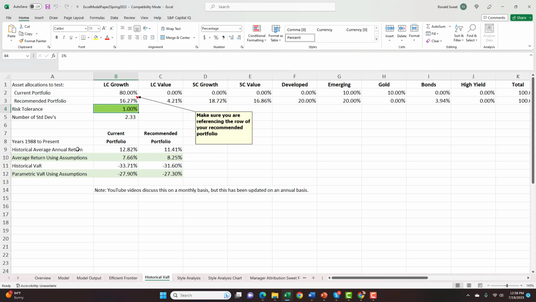I have a risk tolerance. Risk tolerance, what that means is what part of the risk distribution do I want to look at? And so 1% risk tolerance says I want to know 1% of the time how much could I lose or more. So it's that downside risk. So 1% risk tolerance is pretty common, especially for older people.